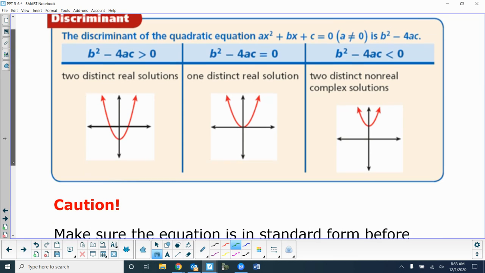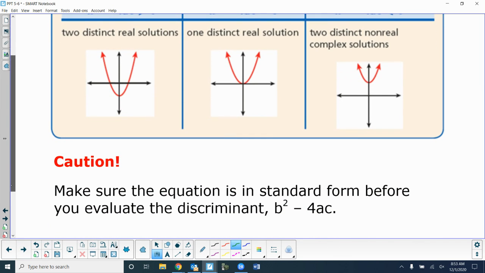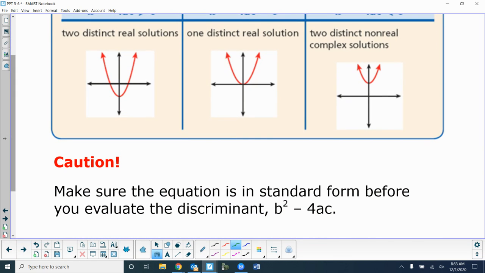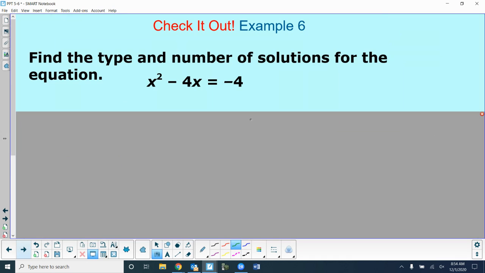Sometimes they go down, right? Make sure it's in standard form before you evaluate the discriminant. Okay? So some of your problems, all you have to do is this part. You get a positive, you say 2 real solutions. If you get a negative, you say 2 non-real solutions. If you get a 0, you say 1 real solution. Okay?